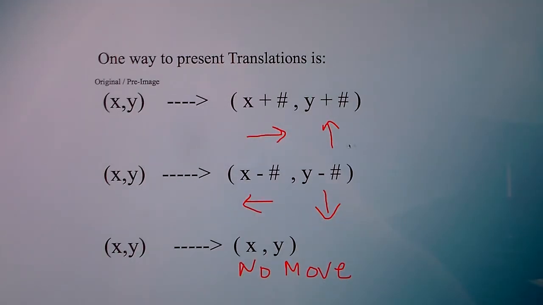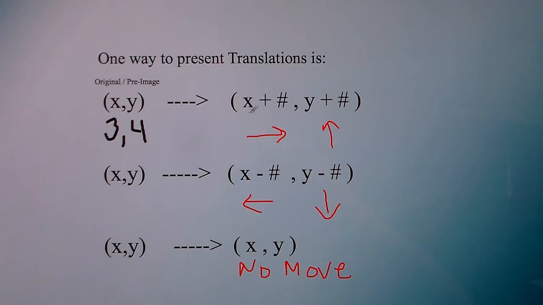Alright, so let's talk about it algebraically. Let's say you're given a coordinate (x, y), or better yet, let's give the coordinate (3, 4). If we're going to move the figure, or this point (3, 4), anything to the right, I would just say x plus the number I want to move to the right.